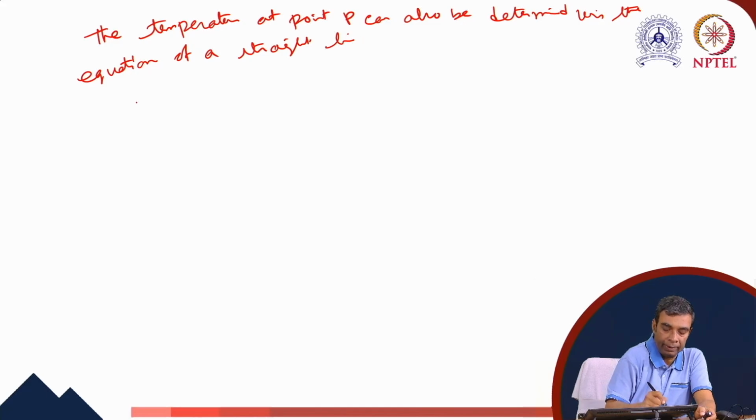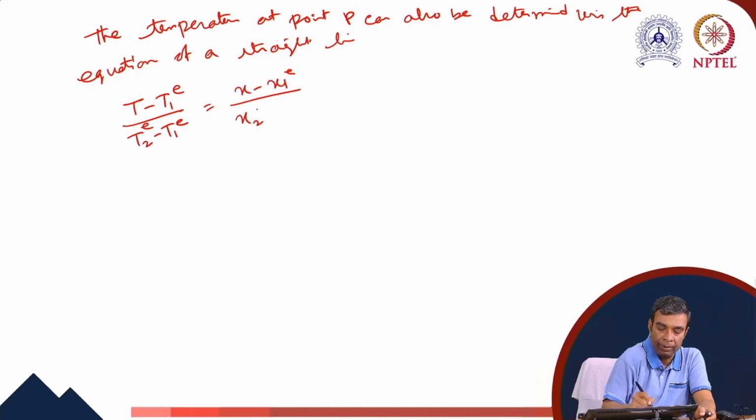So we can write it as (T minus T1e) by (T2e minus T1e) equals (x minus x1e) by (x2e minus x1e).